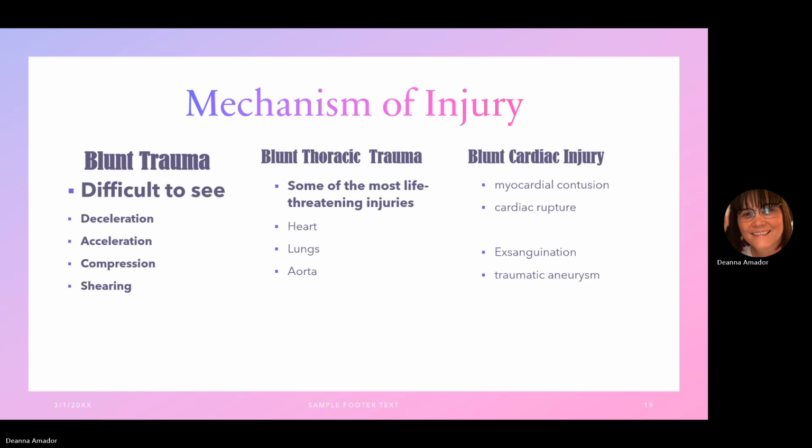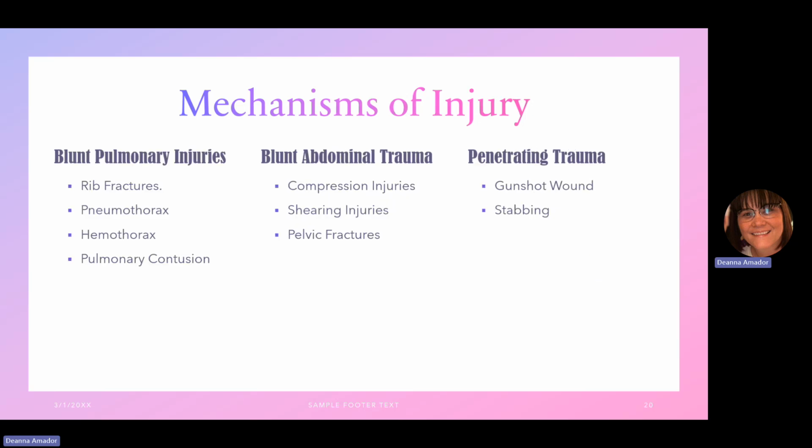Okay. Another slide talking about mechanisms of injuries. We have blunt pulmonary injuries. This could be rib fractures, pneumothorax, hemothorax, pulmonary contusion. One thing with the rib fractures I want to talk about is a flail chest. So rib fractures and flail chests can cause a pneumothorax or a hemothorax.